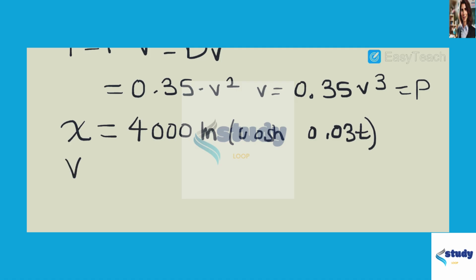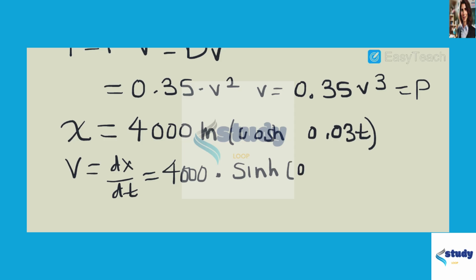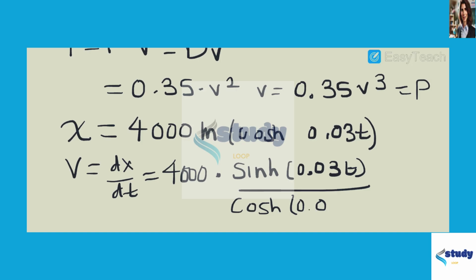So we can say that velocity equals dx/dt, and by taking the derivative of this function, we can say that the velocity is in fact equal to 4000 times sinh of 0.03t all over cosh of 0.03t times 0.03.